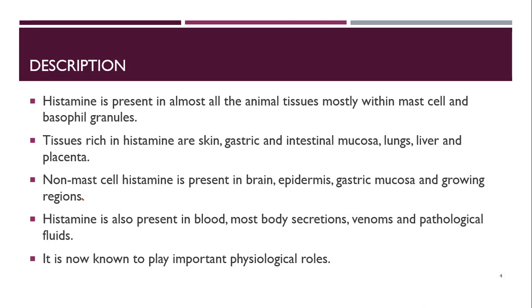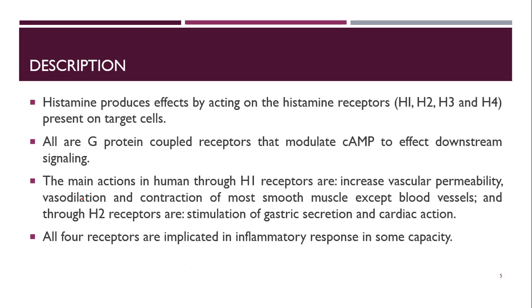Non-mast cell histamine is present in brain, epidermis, gastric mucosa and growing regions. Histamine is also present in blood, most body secretions, venoms and pathological fluids, and it is now known to play important physiological roles at the various locations we have just mentioned above.